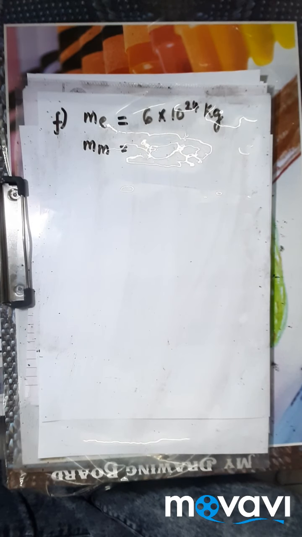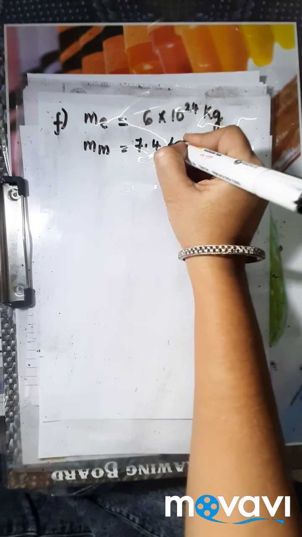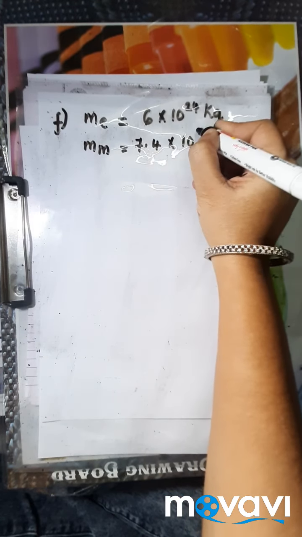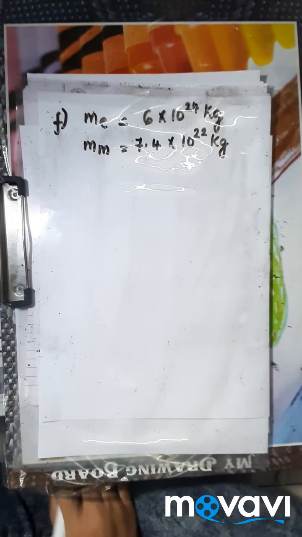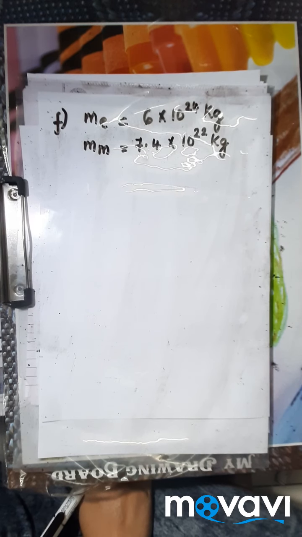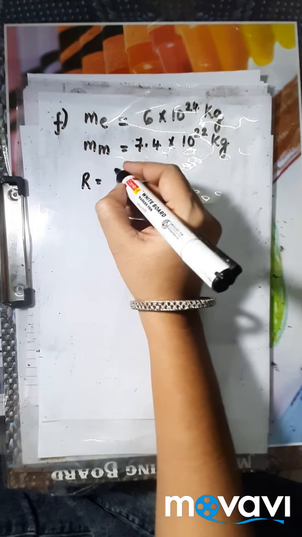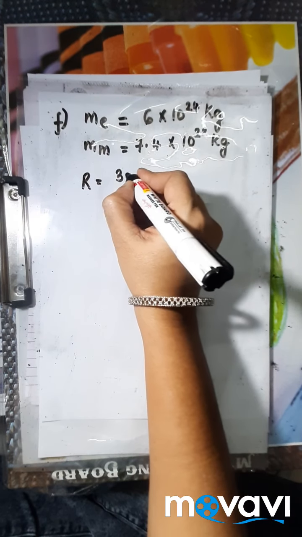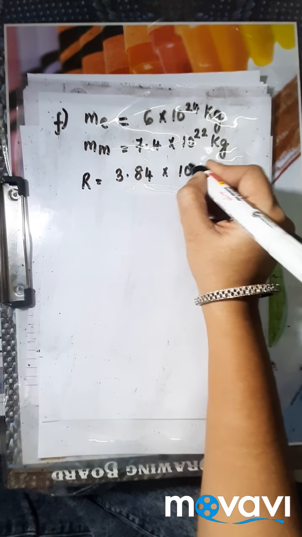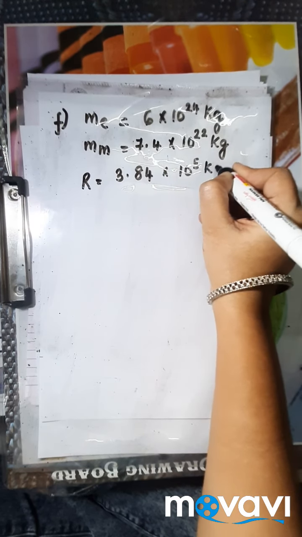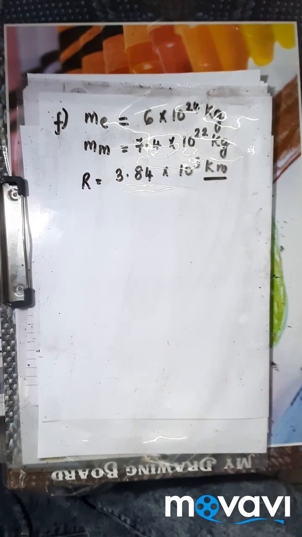And mass of the moon is 7.4 multiplied by 10 raised to 22 kg. The distance between them, so my R is equal to 3.84 multiplied by 10 raised to 5 kilometer. Now this is a very important step. I do not want it in kilometer.